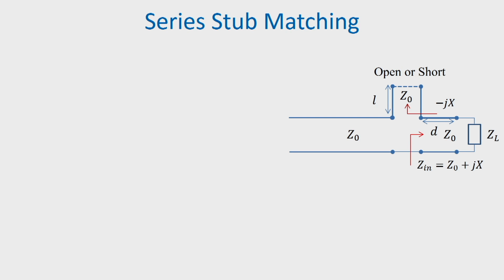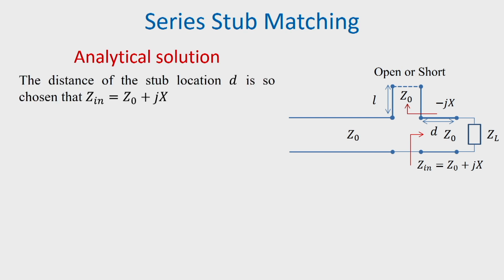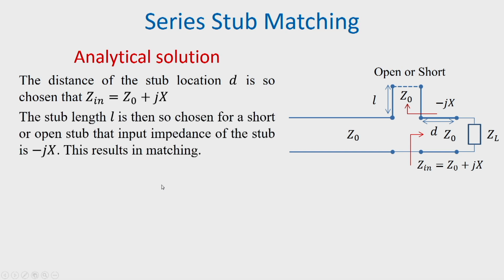We want to find out this distance D and also the length of the stub L. As we have already mentioned, at the stub location D, the input impedance Zin is Z0 plus jX, and we need to choose the length L of the stub, a short circuited stub or an open circuited stub, in such a way that the input impedance of the stub looking at this point has to be equal to minus jX, and this will result in matching.